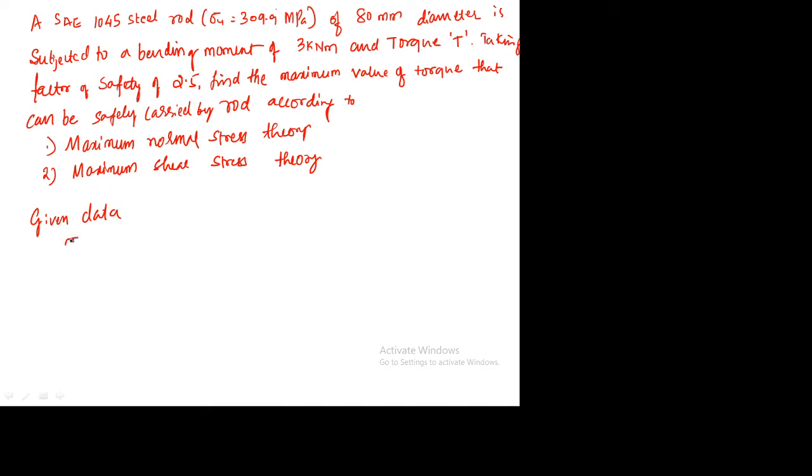Now, sigma y is given, it is 309.9 megapascal or Newton per mm square. Next, the diameter of the rod is given, 80 mm. The bending moment is given, 3 kilonewton meter.